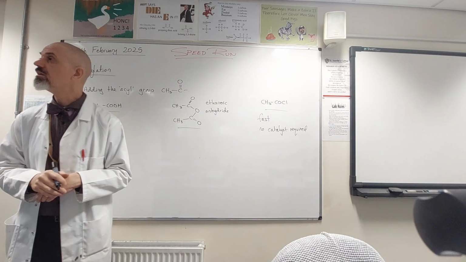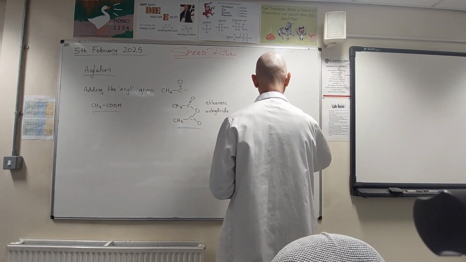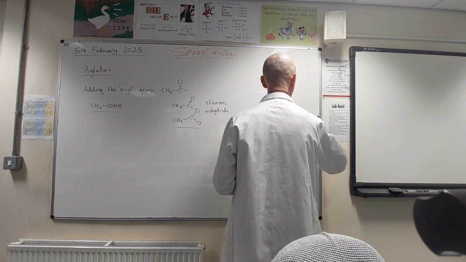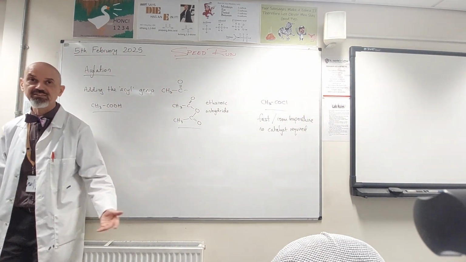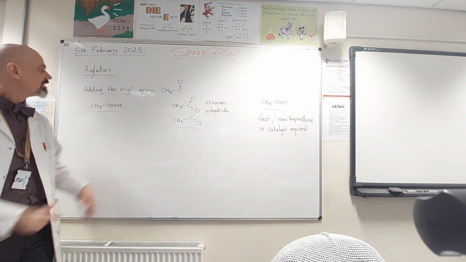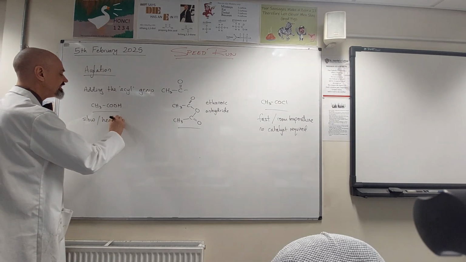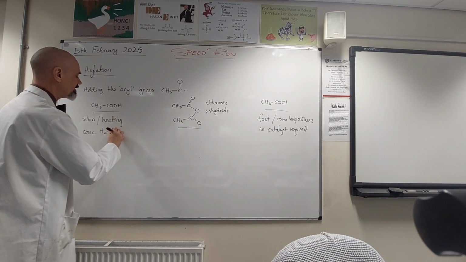It reacts readily, so it just takes place at room temperature, you don't need to heat it as well. Room temperature, yes. So we've got a fast reaction that happens at room temperature without any catalyst, so it seems like a bit of a no-brainer compared with our carboxylic acid, which is slow, needs heating, and needs sulfuric acid to make it go.